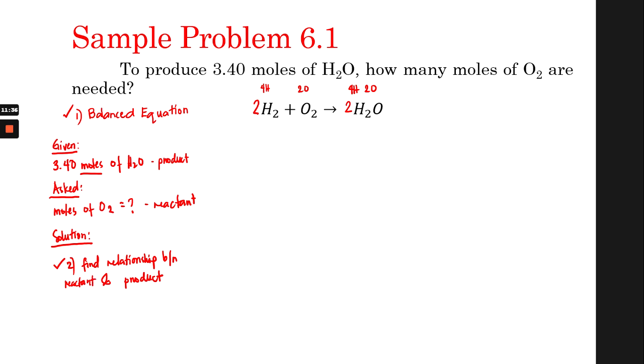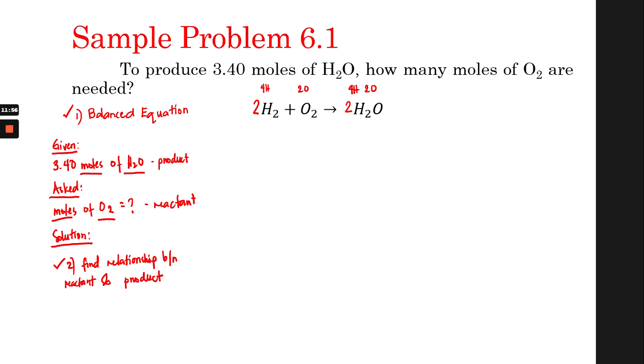So how are we going to find this? In order for us to find this relationship between moles, because we are given moles, we have to look at your balanced equation. This is why it is important to have a balanced equation. You have to find the relationship of moles of your H2O and moles of O2.